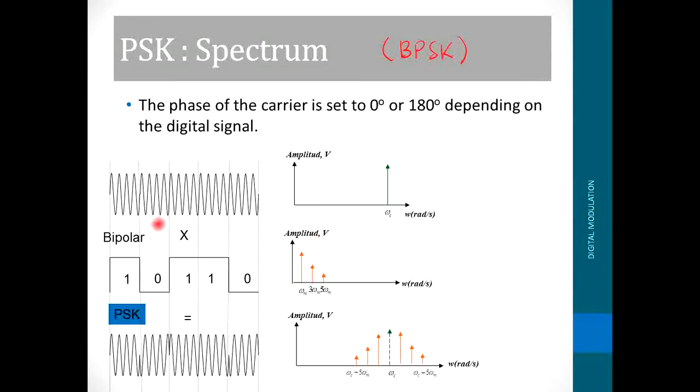So for example here, this is the carrier signal, and this is the information signal, AMT. This is the time domain, and this is frequency.